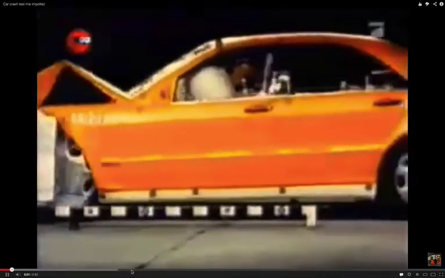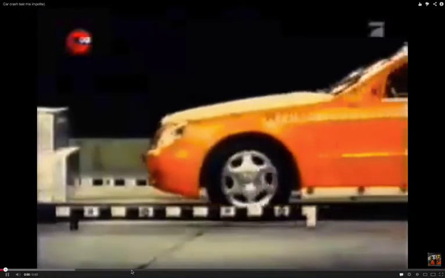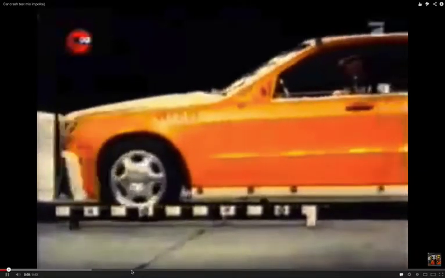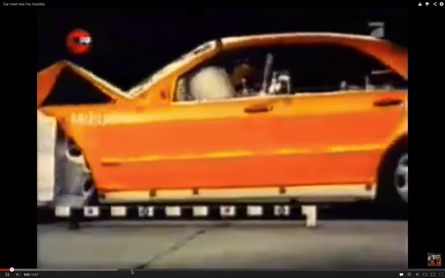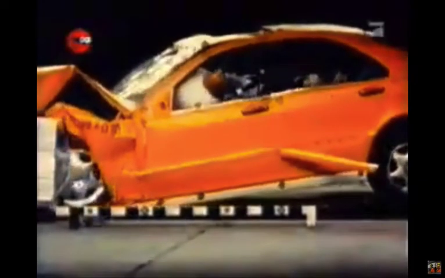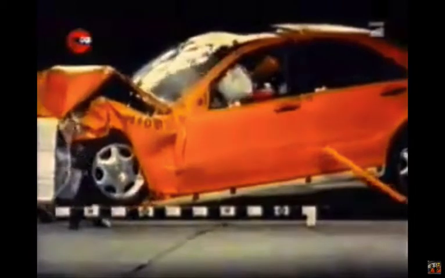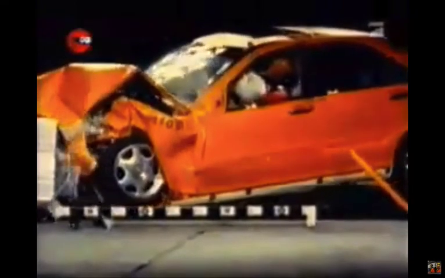So you can see the crumple zone increases the time for the collision. Here it is again in slow motion. So this significantly decreases the maximum force on the driver.